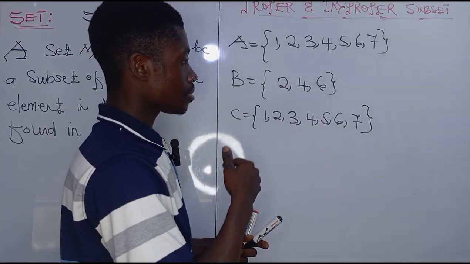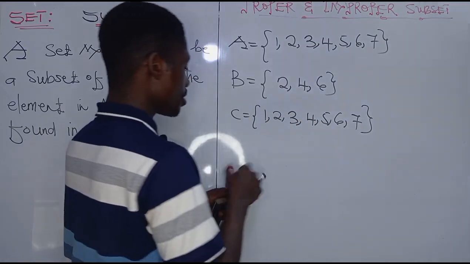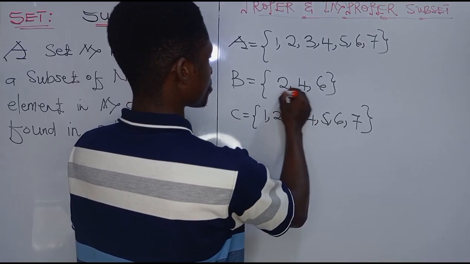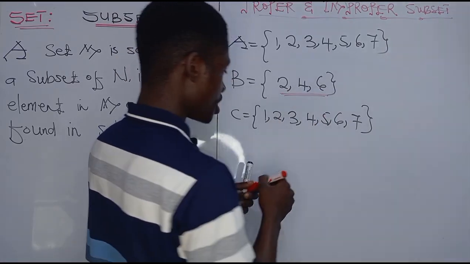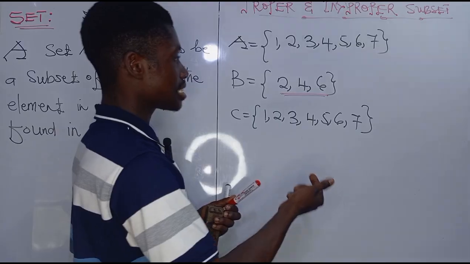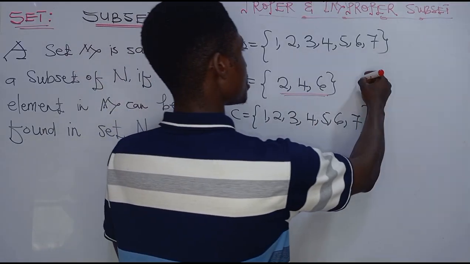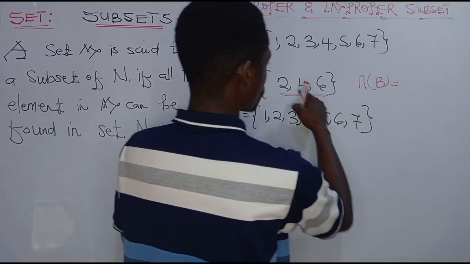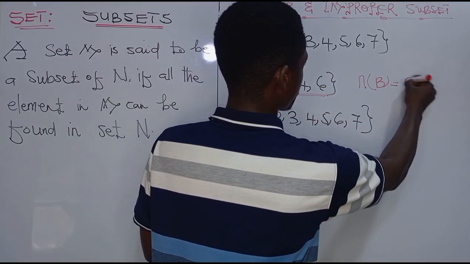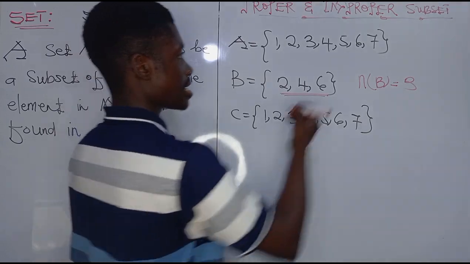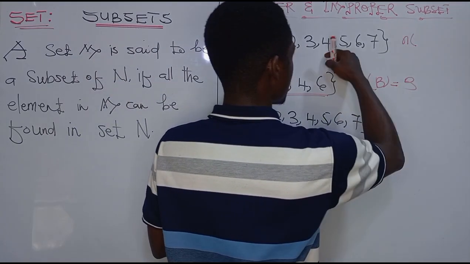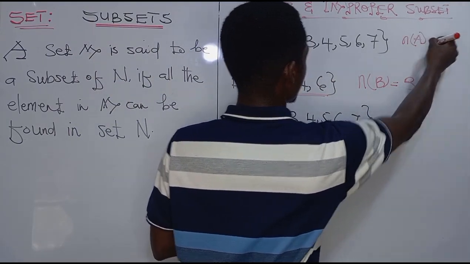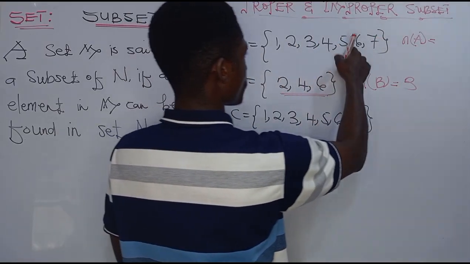Now looking at set B, we realize that the number of elements in set B is 1, 2, 3, right? So we have 3. And then the number of elements in set A, the superset, is 1, 2, 3, 4, 5, 6, 7.